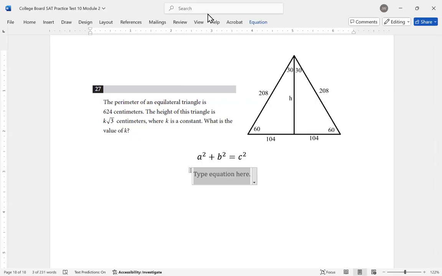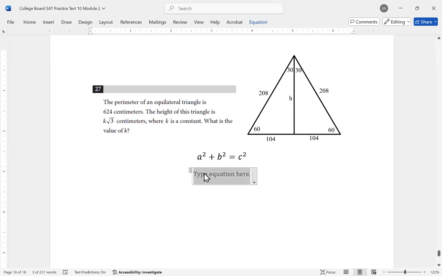I'm looking at the right triangle here. That right triangle has one base of 104, one base of h, and hypotenuse of 208.